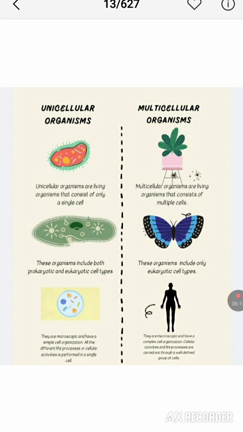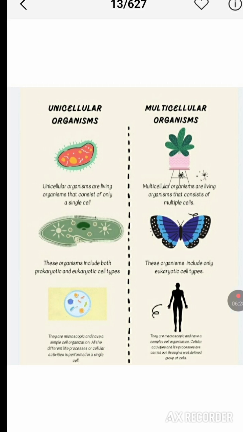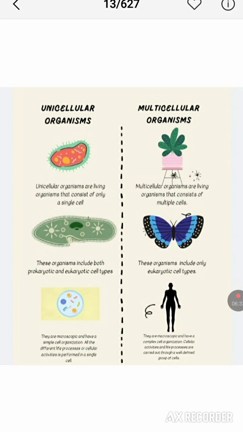Unicellular organisms are microscopic and have a simple cell organization. All the different life processes like respiration, sensitivity, growth, excretion, nutrition, movement, all these processes are performed within a single cell, and they don't need help of any other cell throughout life.